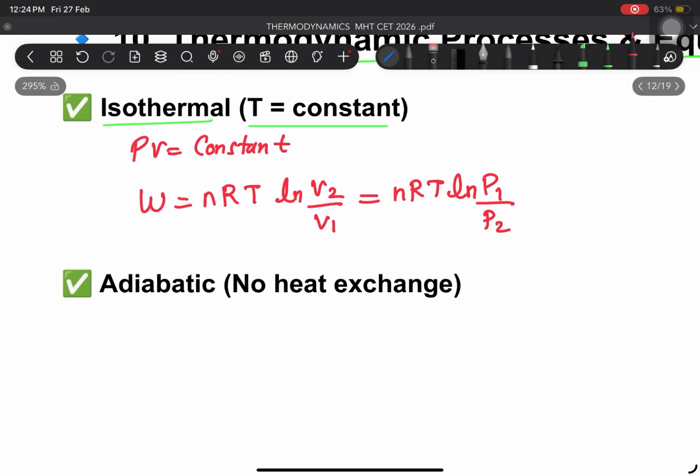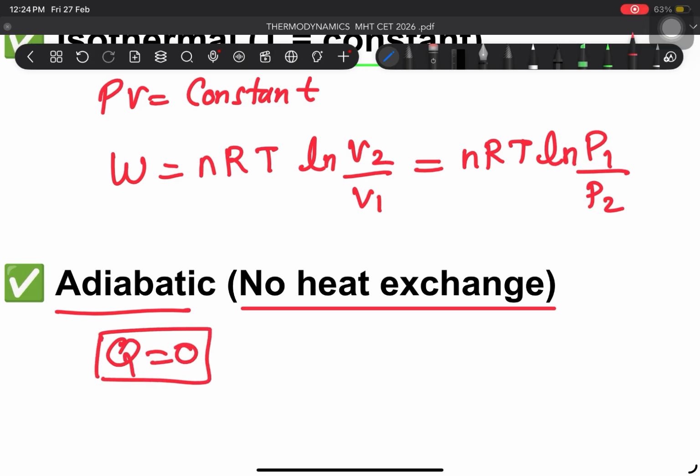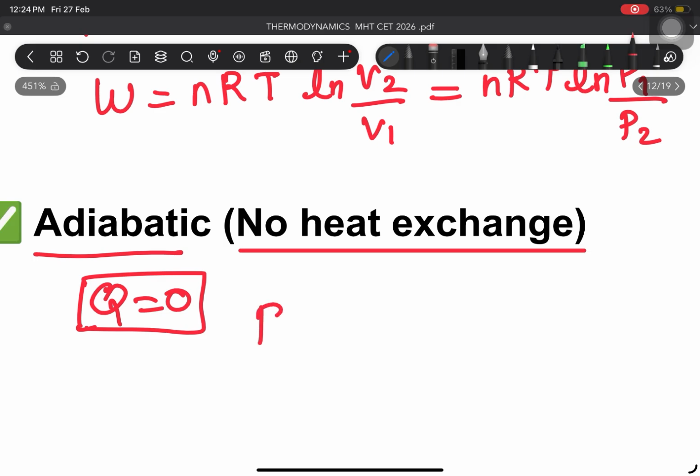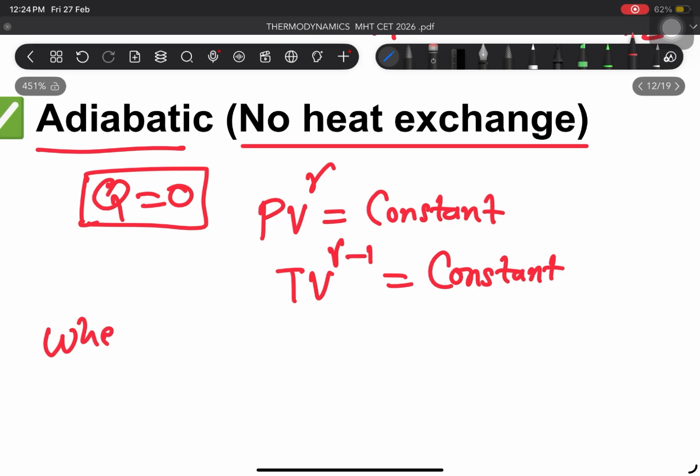Next, adiabatic: no heat exchange, Q equals 0. PV to the power gamma is constant, and TV to the power gamma minus 1 equals constant, where gamma equals Cp by Cv.